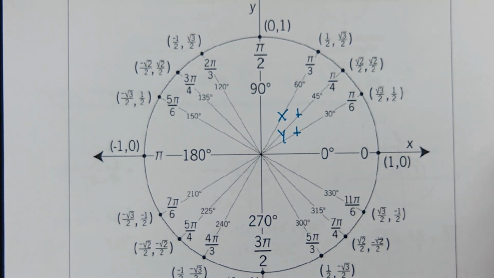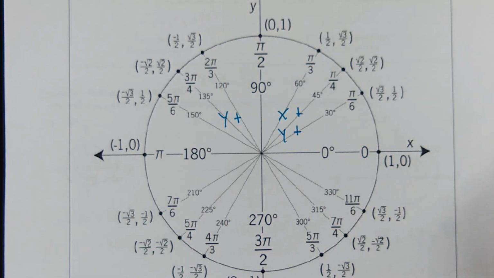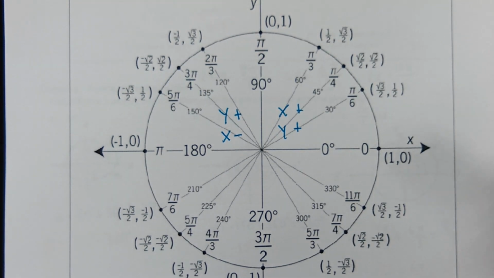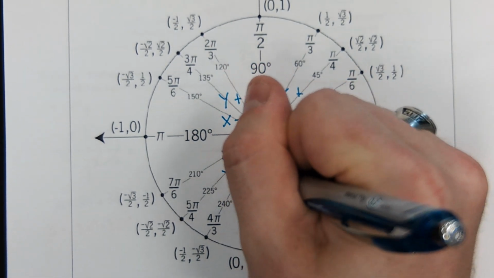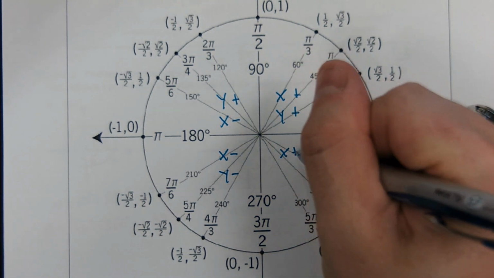In quadrant 2, unfortunately, only y is positive, but x is negative. It doesn't matter. In quadrant 3, x and y are both negative. In quadrant 4, x is positive, but y is negative.